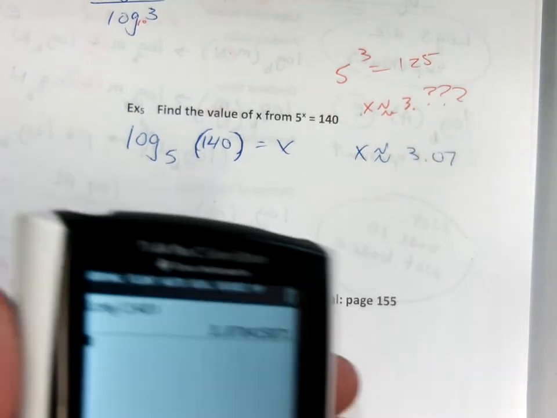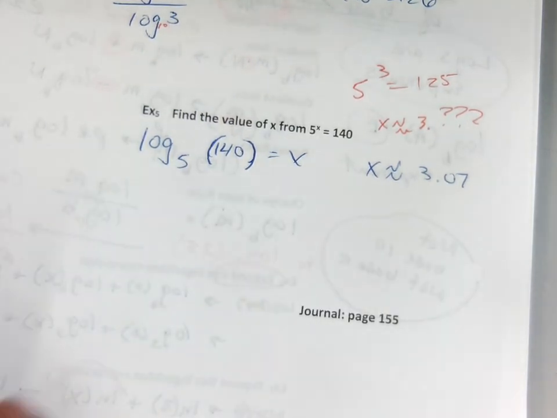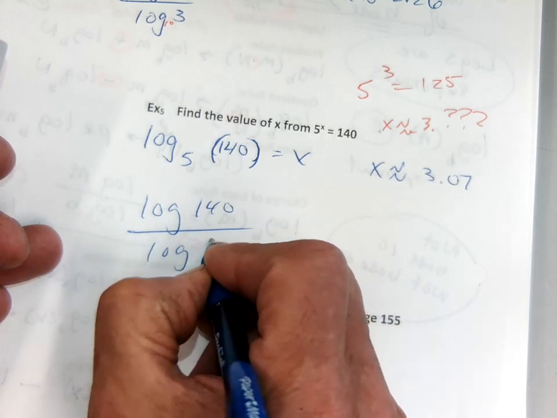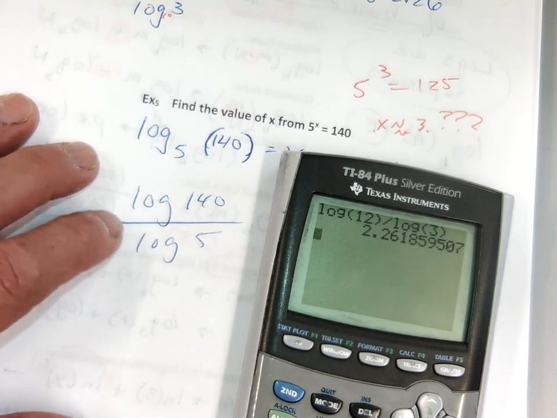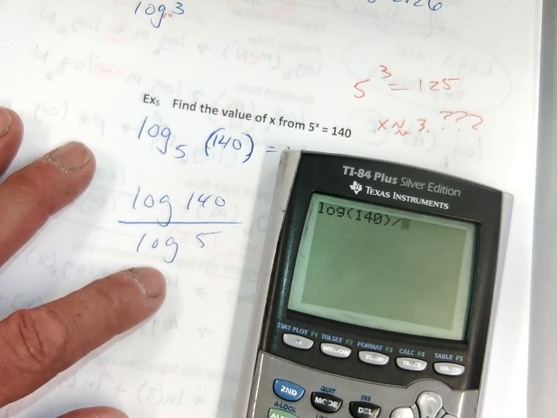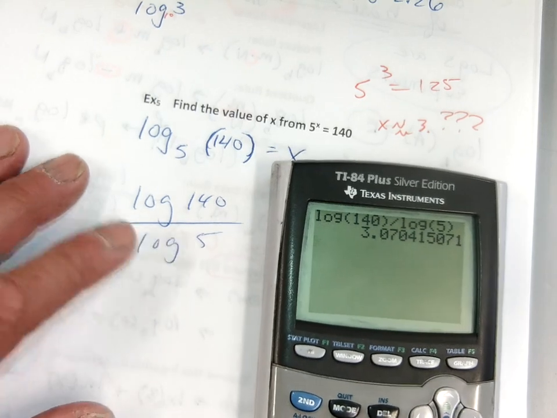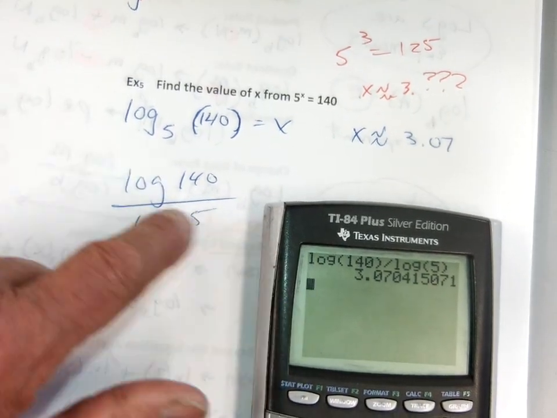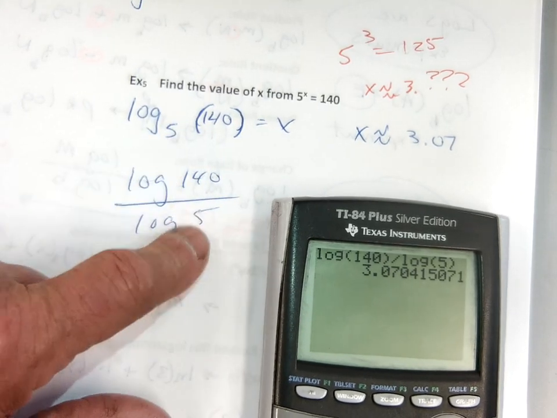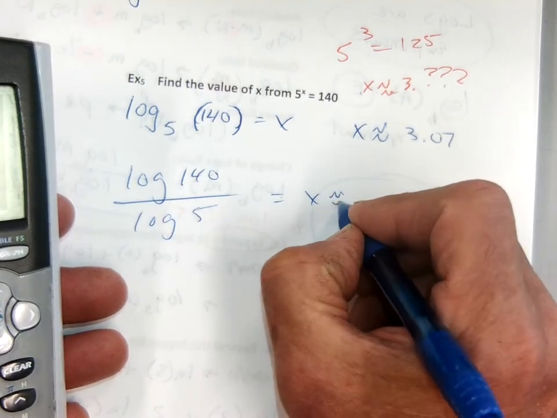Or if I don't have good technology, I'm left with old technology, I can just go log of 140 divided by log of 5, and I get the same answer. So you can do this stuff on your phone, but you're going to have to do it this way because your phone won't have log base. Decimals, I think, might. But either way, you can get the answer.